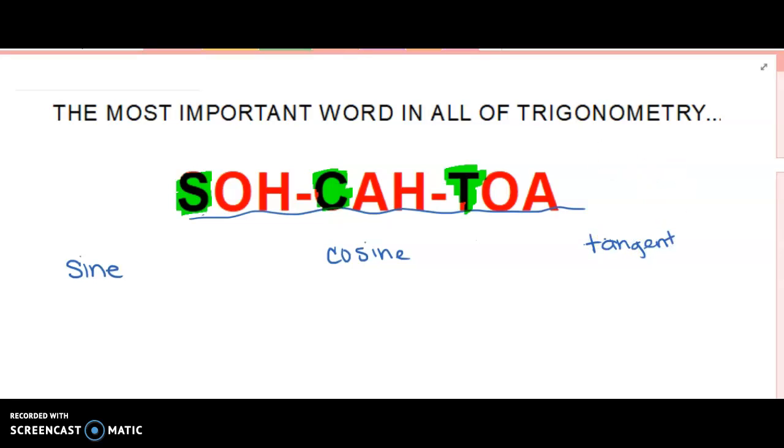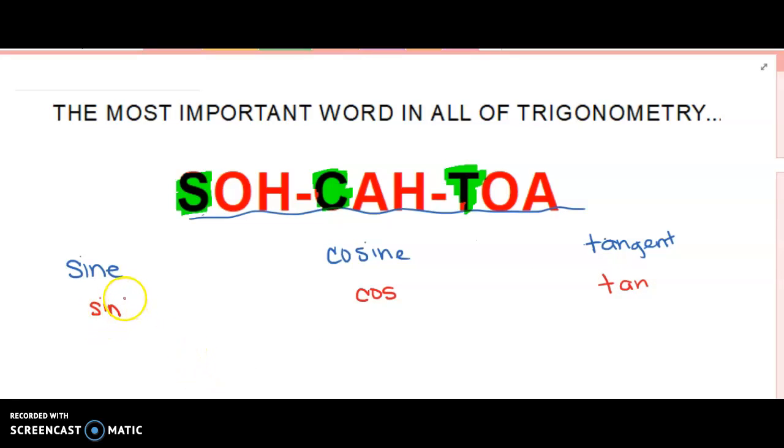Okay, now we have abbreviations for each of these. So my sine is actually written as sin, but don't call it sin, it drives me nuts. My cosine is written as cos, and my tangent is shortened as tan.